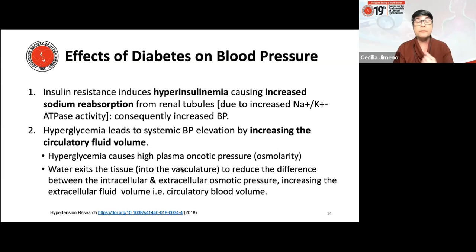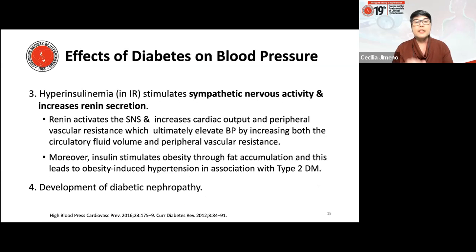The high plasma oncotic pressure attracts water, increasing the volume. And as water exits into the vasculature, this reduces the difference between the intracellular and extracellular osmotic pressure, increasing the extracellular fluid volume, and that is the circulatory blood volume. The hyperinsulinemia in insulin resistance also stimulates the sympathetic nervous system.